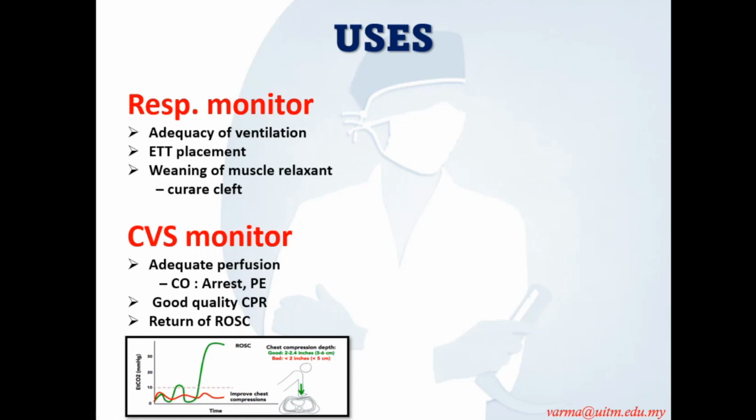If, when you are doing CPR, the EtCO2 is not reaching 10 millimeters of mercury, it means your CPR is not good quality. It also shows return of spontaneous circulation. The moment your patient has circulation, there is circulation to the pulmonary system, and you will have a sudden surge of EtCO2 to show that your CPR is successful and the patient has revived.